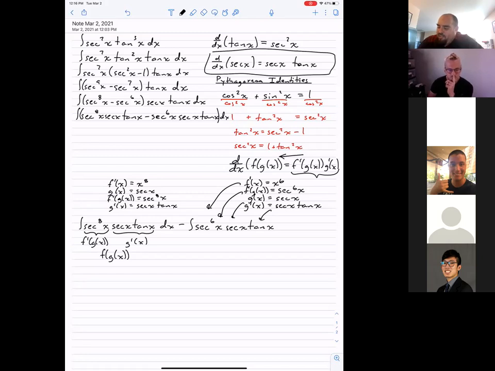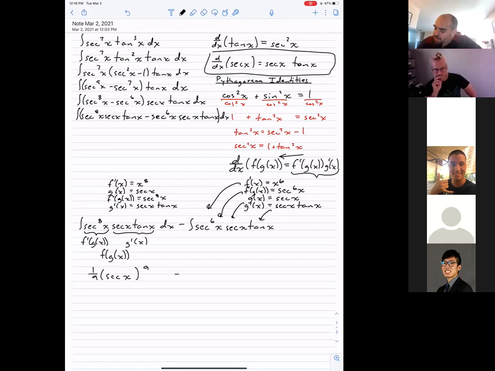Okay, so what is the antiderivative of x to the 8th? 1/9 x to the 9th. Right, so I want 1/9 something to the 9th. And in this case, I still have to evaluate that inner function, so it'll be secant x.